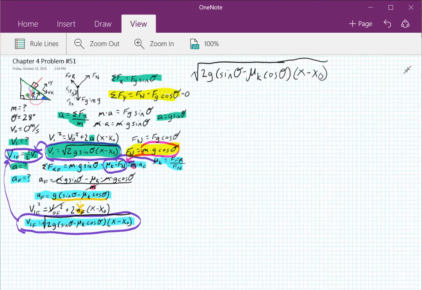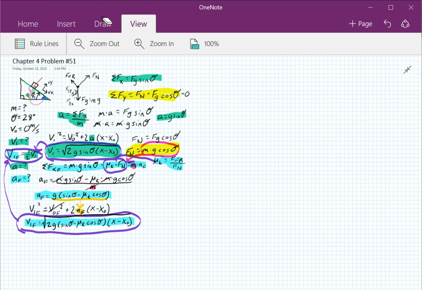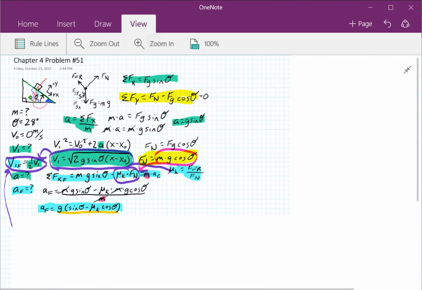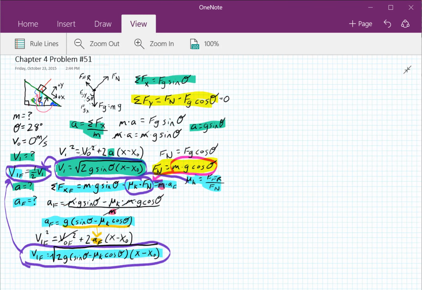That's the problem. When I zoom out, I write bigger. Okay, I'm going to erase this and do it again. We're going to have to zoom in, write it in pieces, and then zoom back out. That's weird. Why did it disappear? Okay, so let's do this again. 2g sine of theta minus the coefficient of kinetic friction times the cosine of theta, and then the change in position.